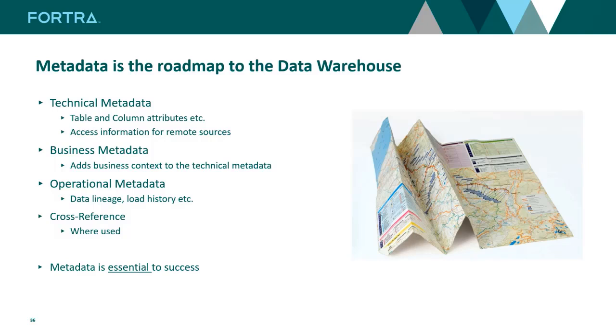It essentially describes how to use the data warehouse, gives you context to the table names and the column names. And then there's operational metadata, and this includes things like the load history, the change history, and other important information that's collected and generated in the daily operation of the data warehouse.